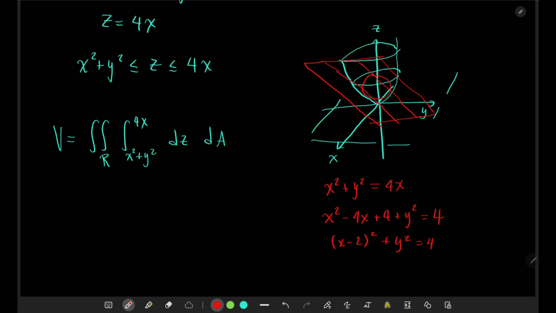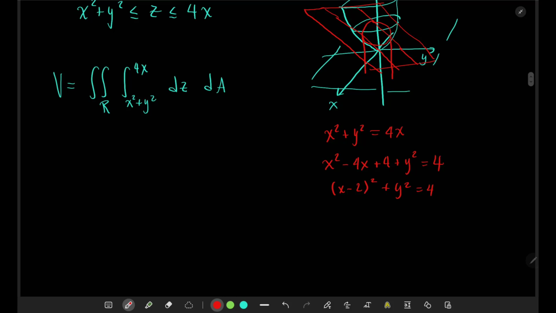That is going to be, if you were to prolong this for every z, you basically have a cylinder that goes down here to the xy plane, grabbing this exact same circle for every value of z. What that tells us is you have a circle of radius 2, because this is 4, it's going to be 2 squared, centered at (2, 0) here.